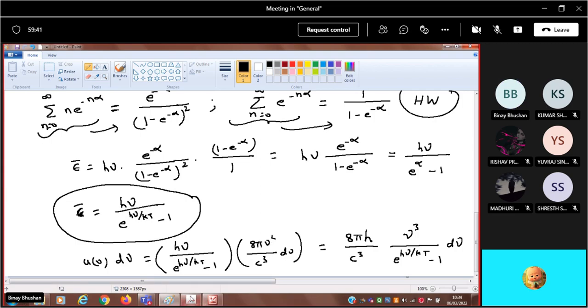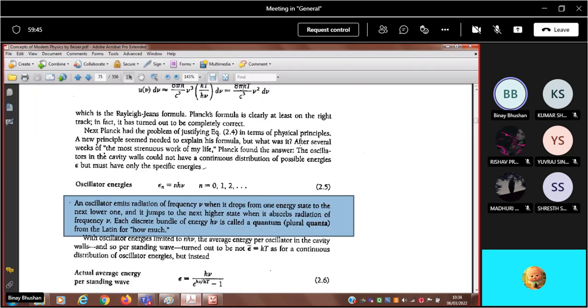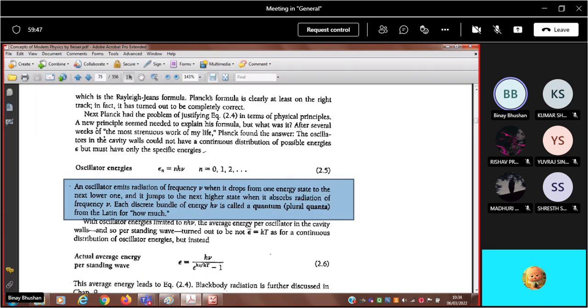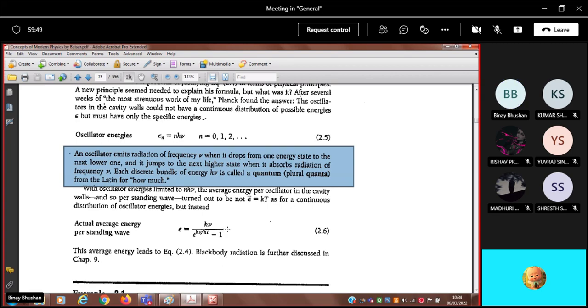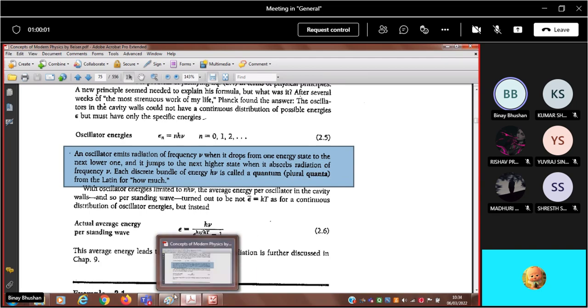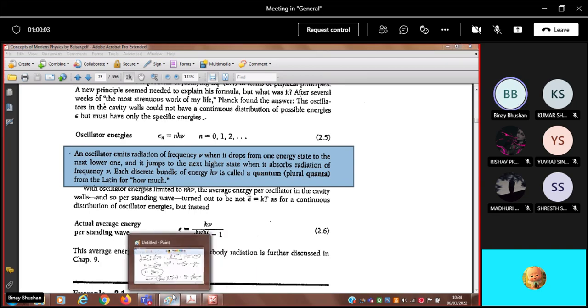Just check here. Yes. Equation 2.6. Is it visible? The average energy per standing wave or per oscillator, h nu divided by e to the power h nu by kT minus 1, which I derived. Right? This one.